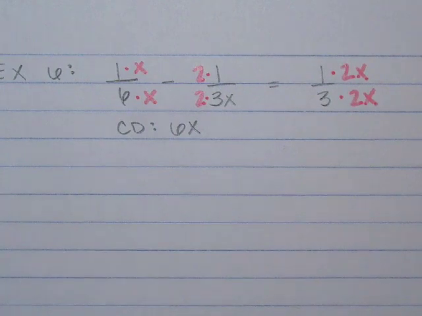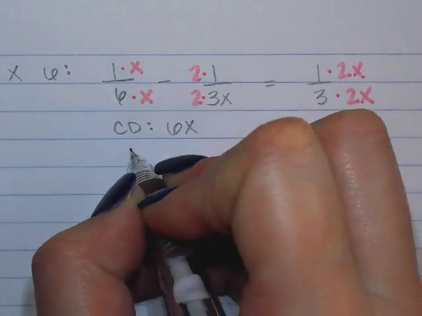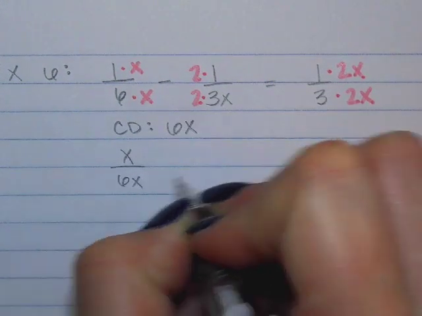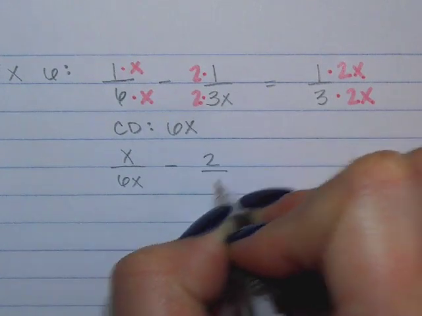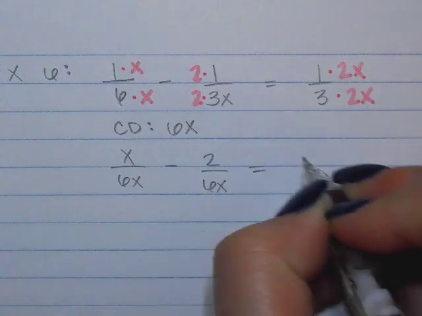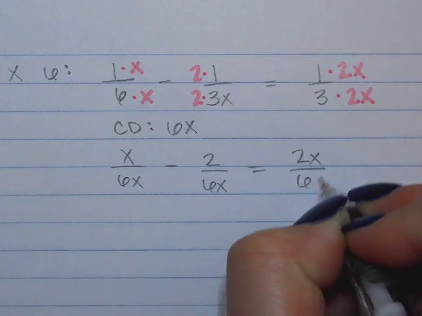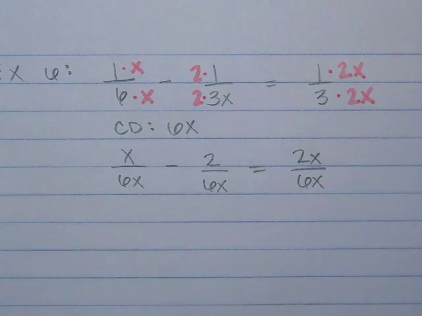Okay, so at this point, I have x over 6x minus 2 over 6x equals 2x over 6x. And at that point, when I can see that all my denominators are identical, what do I do? What do I do once I see all the denominators are the same?